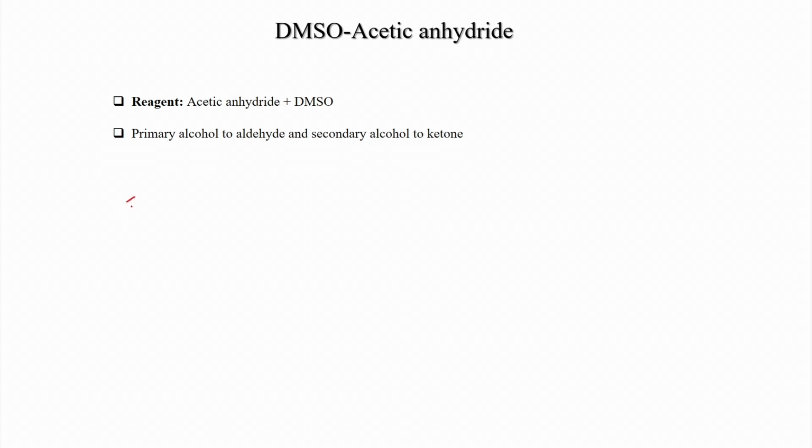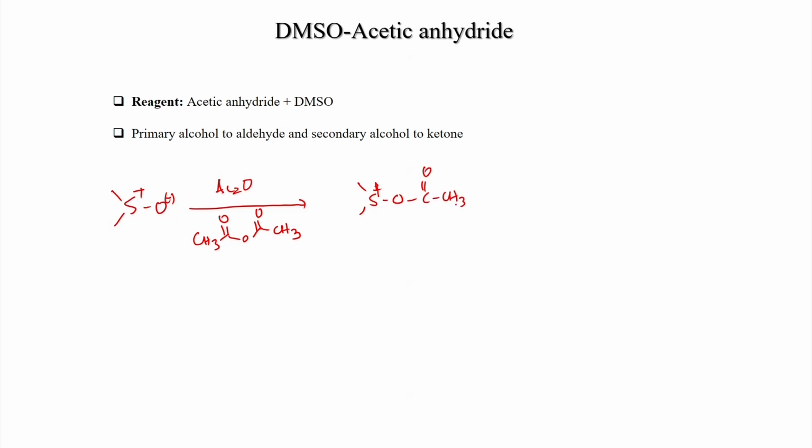So, first DMSO reacts with acetic anhydride, if we write in full it will be like this, and now the activated DMSO is formed plus OCOCH3 negative.